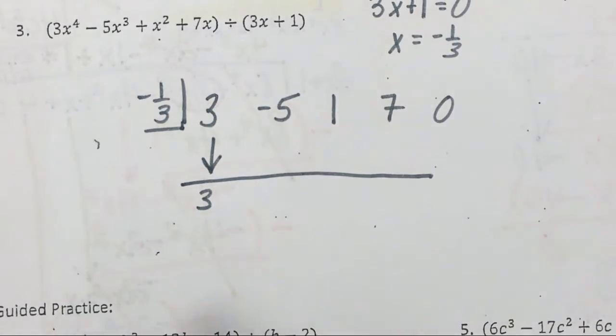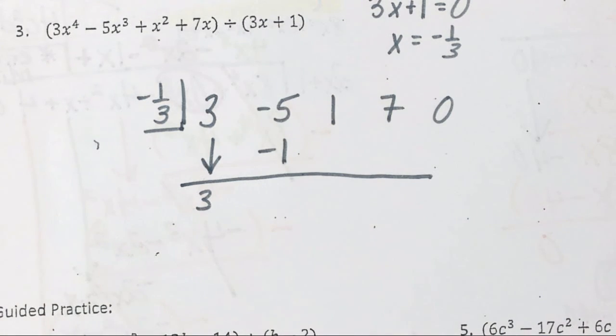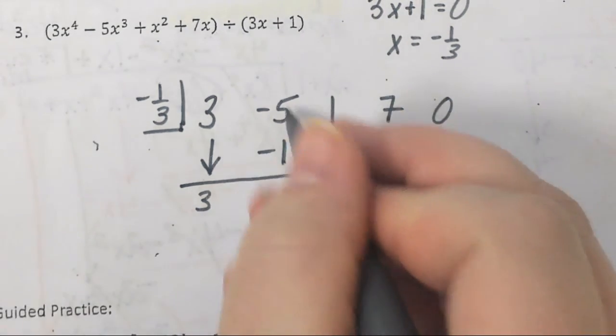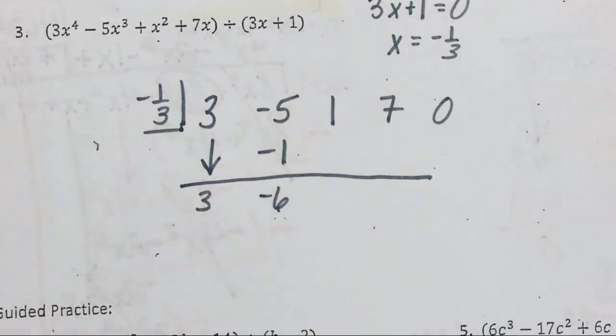Well, this one actually works out nicely for us because 3 times negative 1/3, you end up getting negative 1. Again, if you need to put these fractions in your calculator, remember we pressed Alpha y equals for the fraction button. Negative 5 minus 1, I get negative 6.